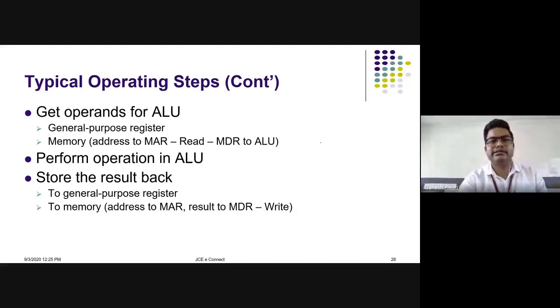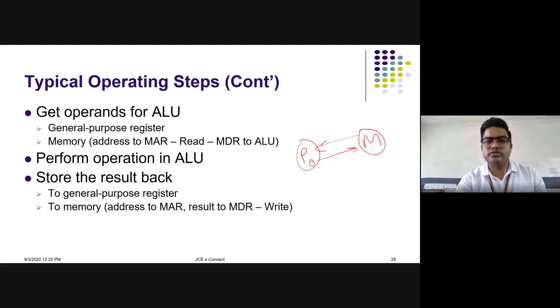That is what is written, what we have discussed already. Processor, memory. Yes or no? So once you have followed the steps from the previous slide to get the data, once it is in the processor, it will process that data and store it. So it can store into the general purpose register here itself, or it can store into the memory.